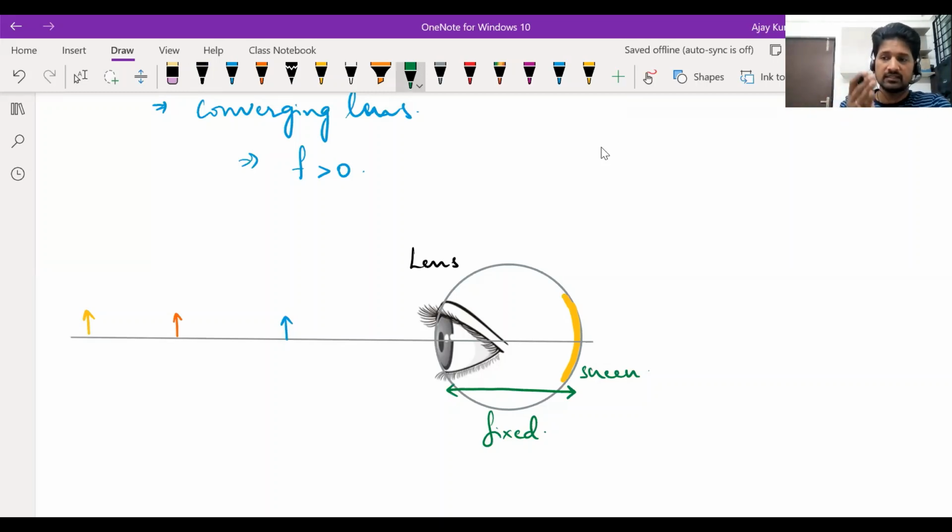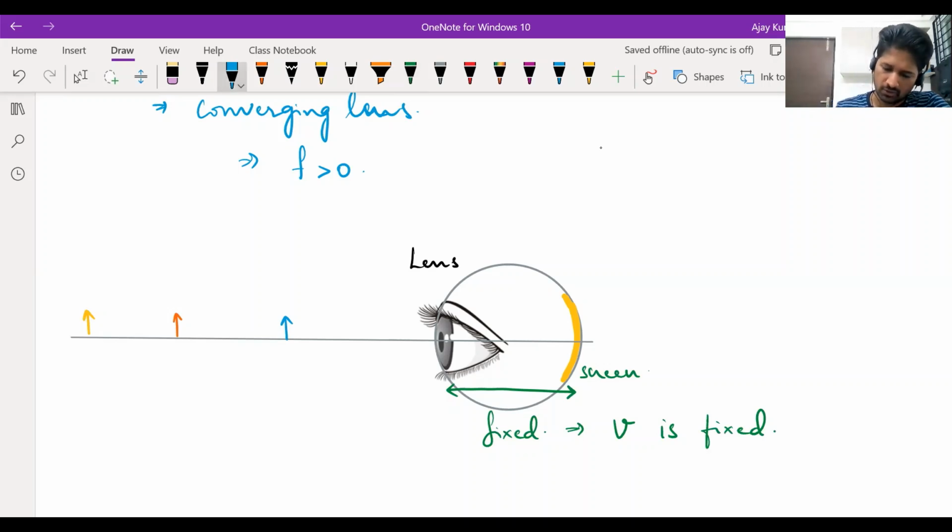That means the distance between lens and image is fixed for a human eye. Okay. So image distance V is fixed. If the image forms at that distance, only then you'll be able to see clearly. And your eyes definitely show you clear images of a lot of objects that are in front of you. Some of them are close to you, some of them are far from you, and you know that.